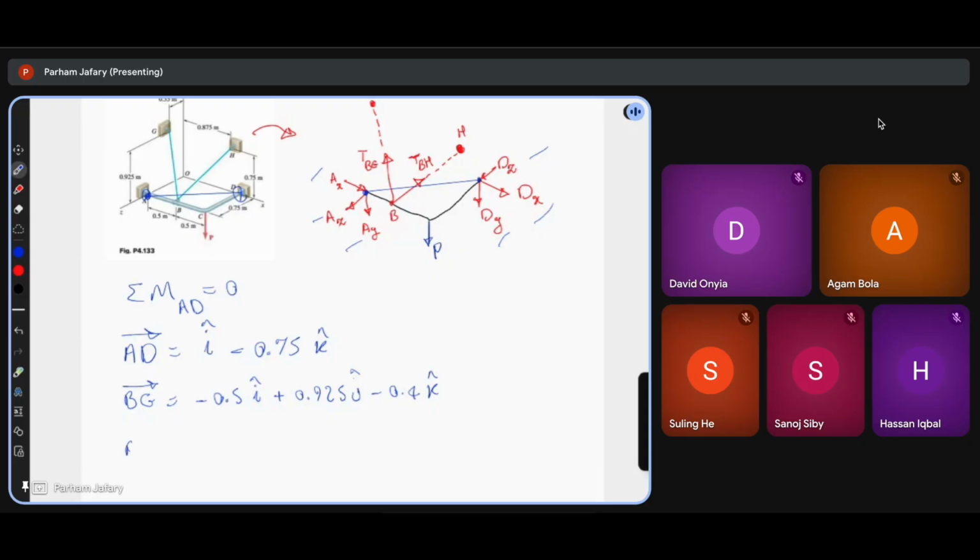So similarly, we can write the vector for BH, and it's 0.375 in the I direction, plus 0.75 in the J direction, negative 0.75 in the K direction.